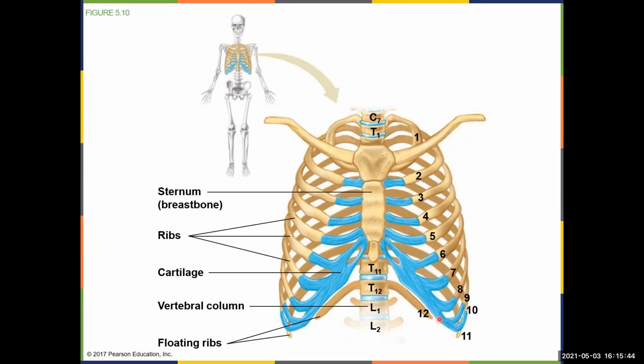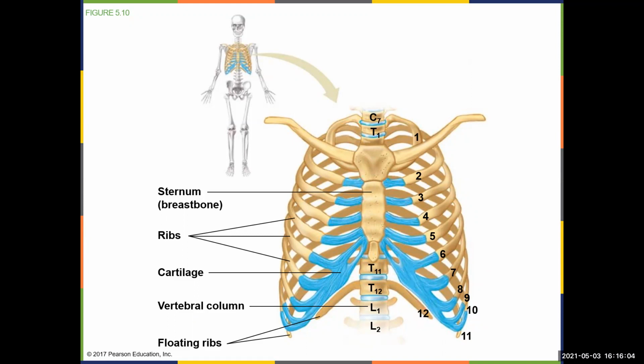They all run to the same cartilaginous tissue that then connects to the sternum. Basically, what you need to know is 1 through 10 are your ribs that connect, and then 11 and 12 are your floating ribs.